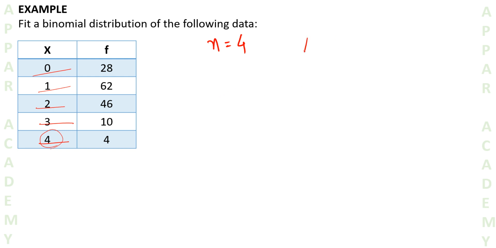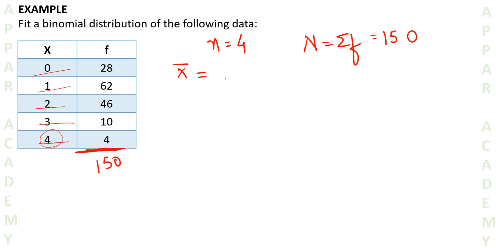And what is capital N? Capital N means the total number of trials of the experiment, so we need to sum this. This is equal to summation f, and when we sum this up, we get 150. Now next, what is the step to find the parameters?